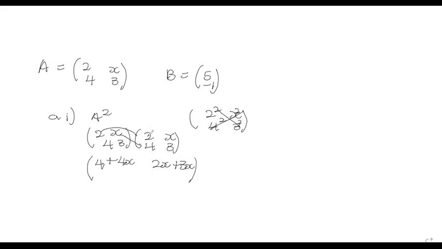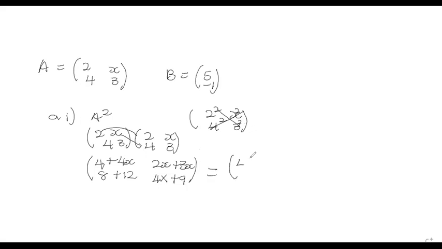And 4 multiplied by 2 is 8, plus 3 multiplied by 4 is 12. Then 4 multiplied by x, which is 4x, then 3 multiplied by 3, which is 9.